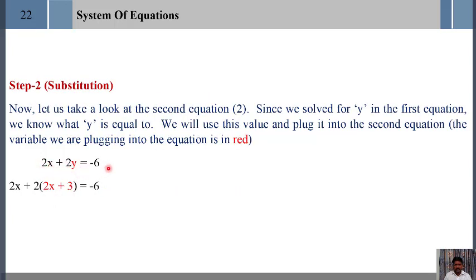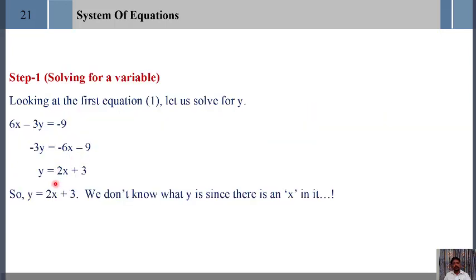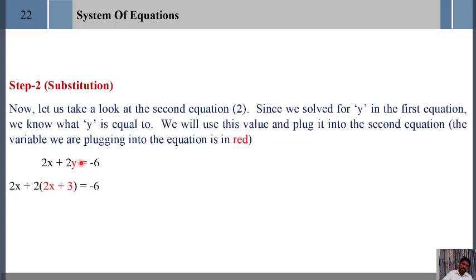Here, this is the second equation, equation 2. Plugging the value of y, which is in terms of x, into the second equation, 2x plus 2y equal to minus 6, we substitute y equal to 2x plus 3. Then 2x plus 2 into (2x plus 3) is equal to minus 6.